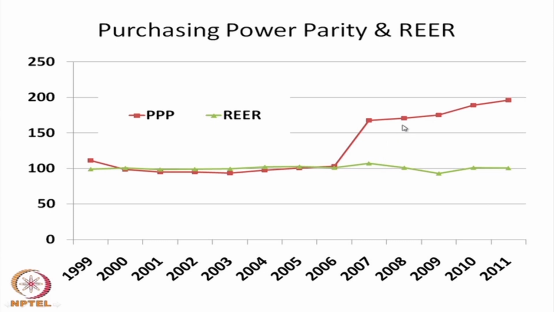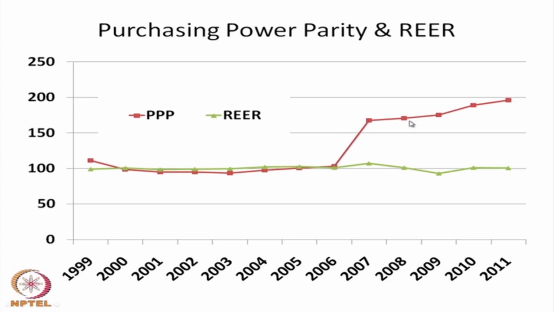Because of this, the purchasing power parity in India declined compared to the US. The purchasing power parity reflects the fundamental value of the Indian rupee compared to other currencies, and the purchasing power parity and the real exchange rate should move in tandem so as to find the rupee's equilibrium value over the years.